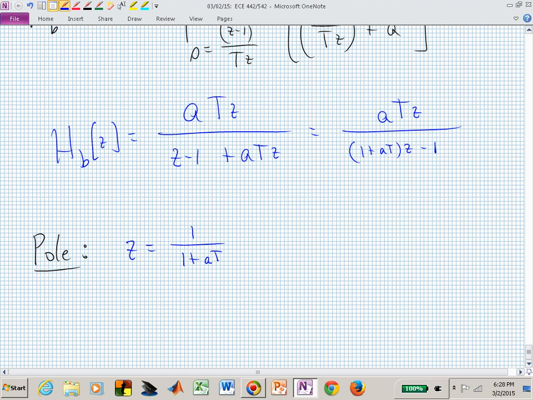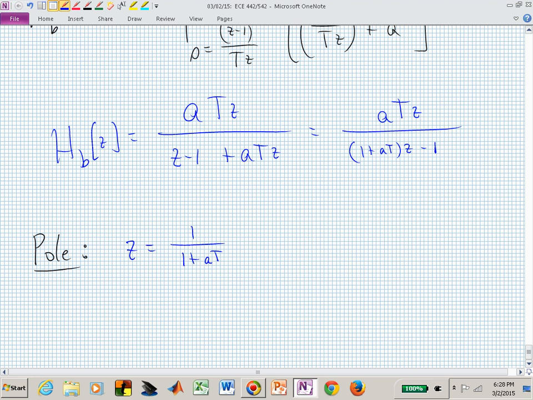Is it in or out of the unit circle? 1 plus AT for a positive A and a positive T, that's bigger than 1. You're dividing 1 by something bigger than 1. You're now inside the unit circle. Again, you're real and you're inside this interval between 0 and 1.